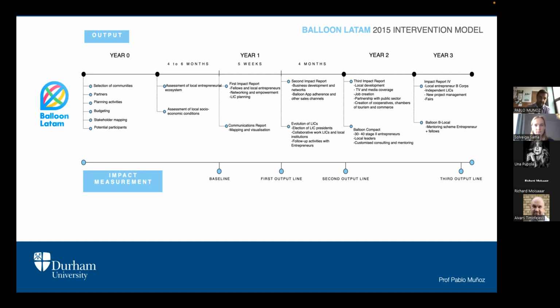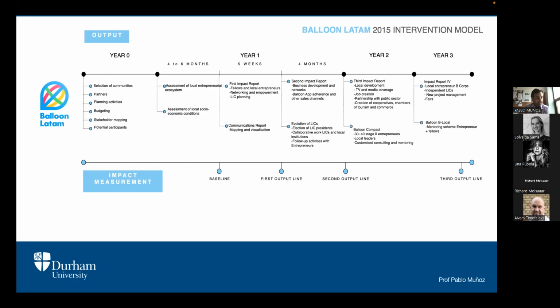So there was a lot of dialogue involved before even running this 5-week program. They went from a 5-week program to a 3-year intervention model with a few activities in between. The founder and CEO, a good friend of mine, is obsessed with measurement.